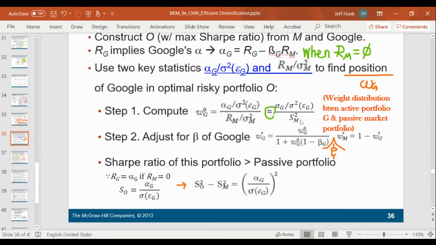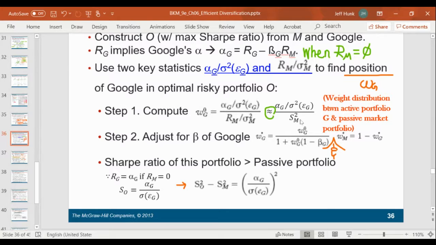Google's weight cannot be greater than the entire risky passive portfolio.